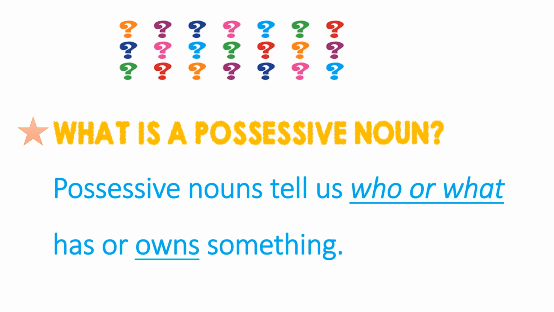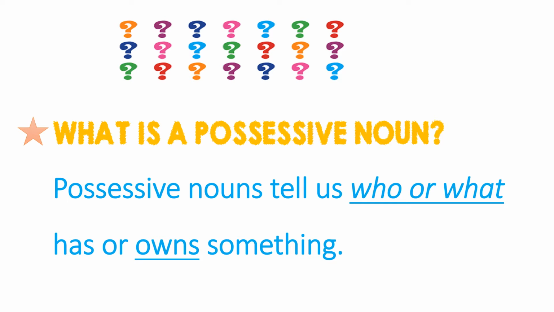On to our next slide. What is the question mark here? Okay, let's move together. This is for taking notes, everyone. I want to ask you, what is a possessive noun?